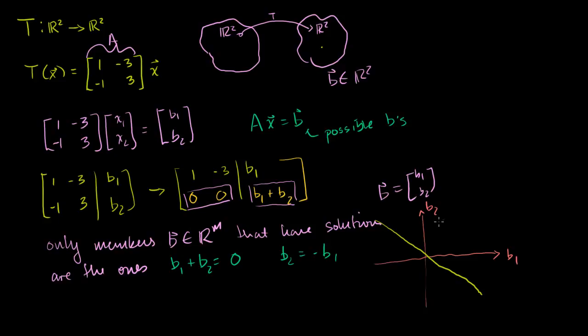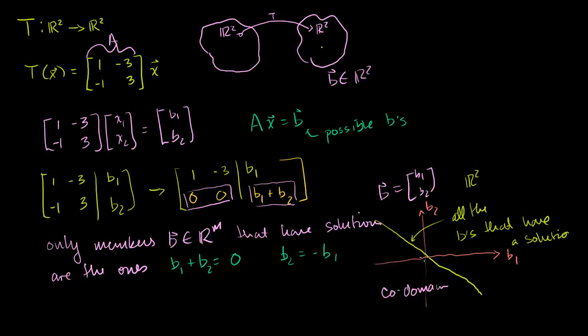This is all the b's that have a solution. Right? Because if you're not on this line, if you're a member of your codomain, this is the codomain right here, R2. R2 is also our domain, but let me make it very clear that this is the codomain that I've drawn. This is what we're mapping into.